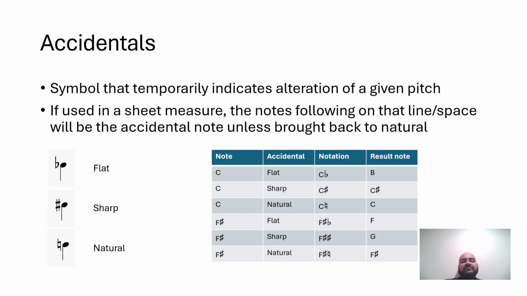The flat symbol and sharp symbol you are pretty aware of, but the natural symbol is something that you don't come across often, and we're going to see when that's used when referring to accidentals in sheet music. So let's take a look at that table over there.